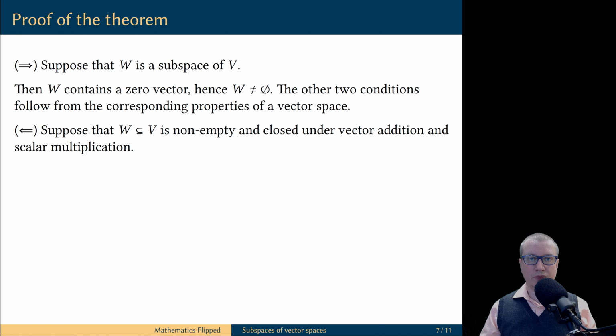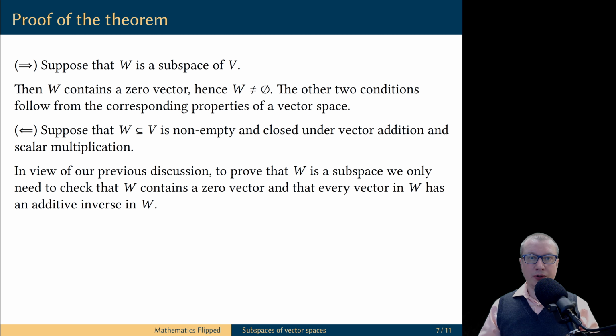We need to prove that then W is a subspace of the vector space V, which means we need to prove that W is a vector space in its own right with respect to the 2 operations inherited from the vector space V. To check that W is a vector space, we need to verify that all 10 properties of the vector spaces hold for W.